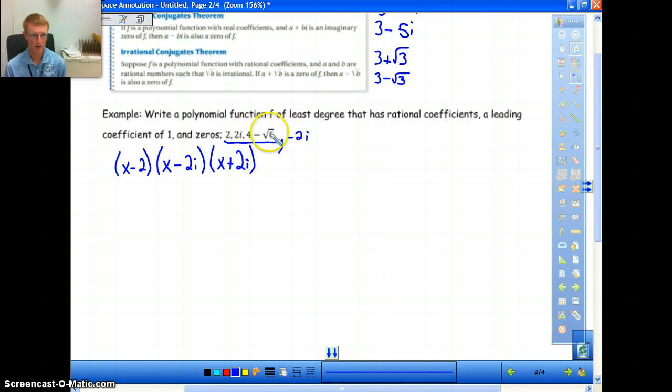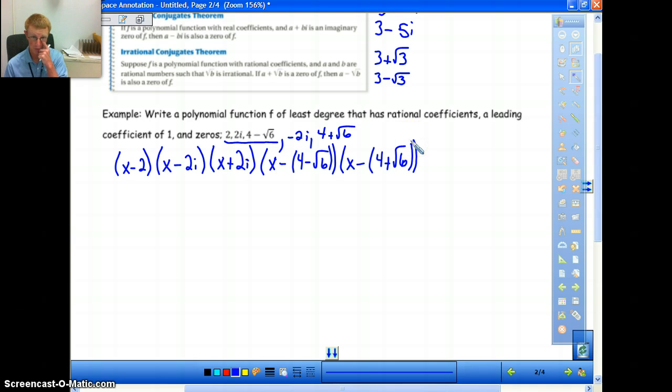Then we have 4 minus the square root of 6, which again from above means that we also have 4 plus the square root of 6. So we're going to have two more factors here. One that's going to be x minus, and then we'll have 4 minus root 6. And then the other one will be x minus 4 plus root 6.